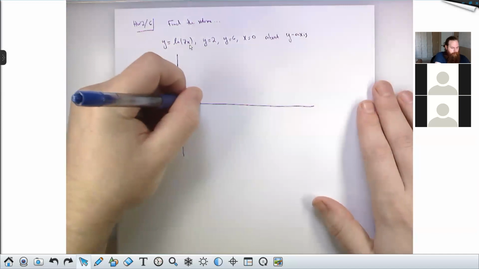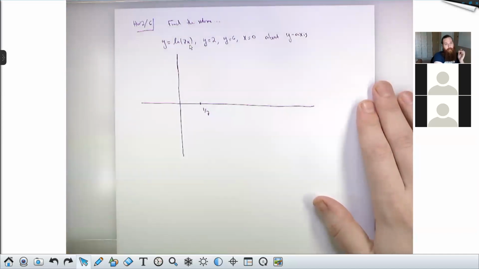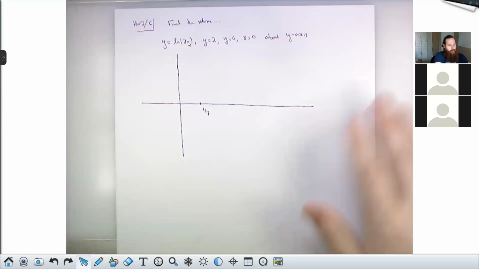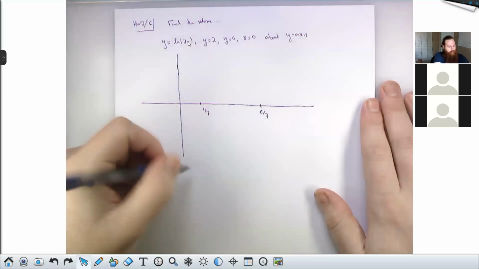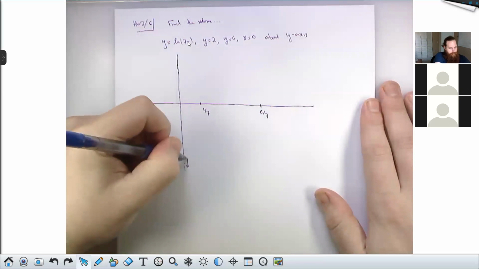So I'm going to mark this as 1/7. And it'll be equal to 1 when x is equal to e over 7, so I'll mark this as e over 7. It still has that vertical asymptote at 0.